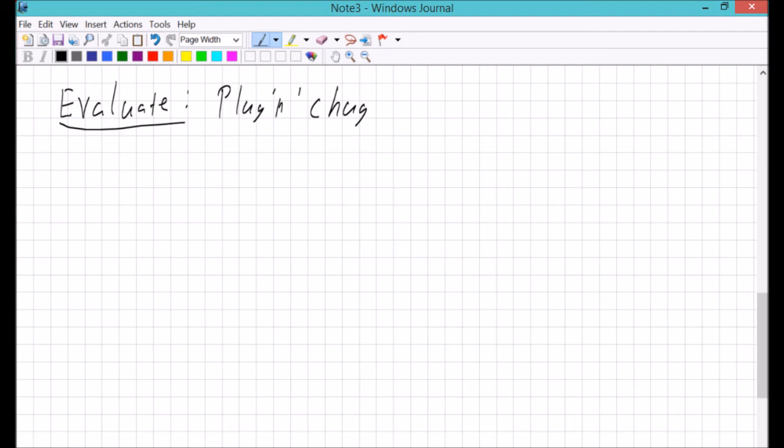So an example of evaluate would be something like 2 plus 2. Well, what is 2 plus 2? If you evaluate it, you get 4. What about 4 times 5? Well, if you evaluate 4 times 5, you get 20.